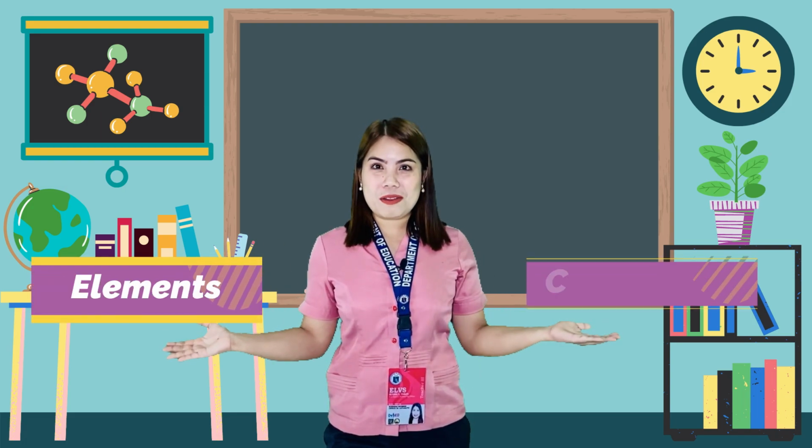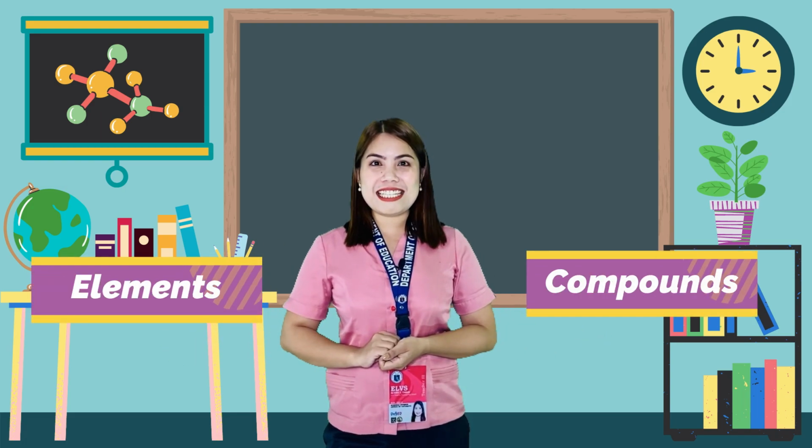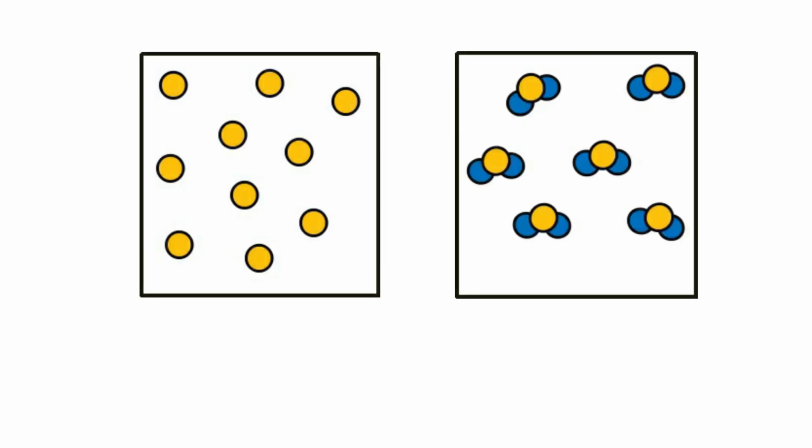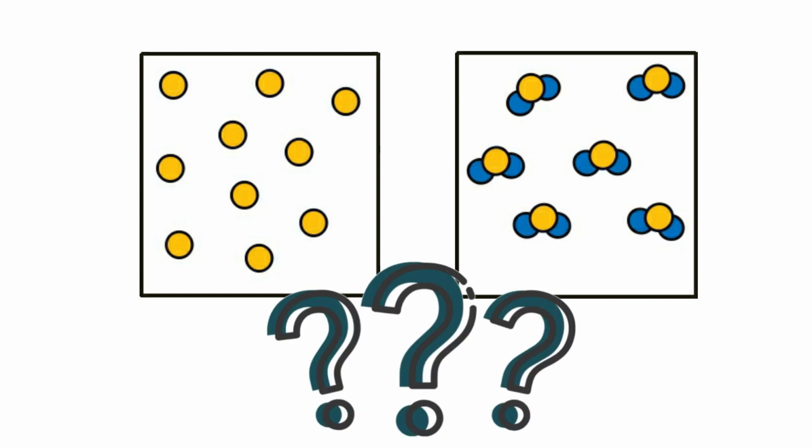To better understand elements and compounds, let us answer the activities that follow. Let us consider these two pictures. Which do you think is an element? How about the compound?